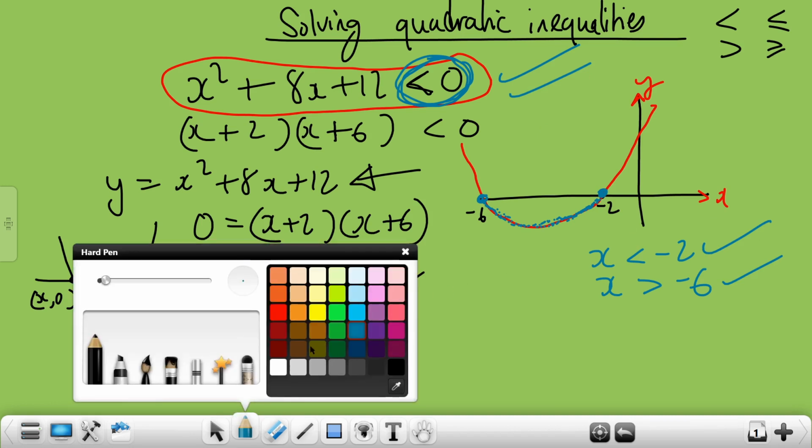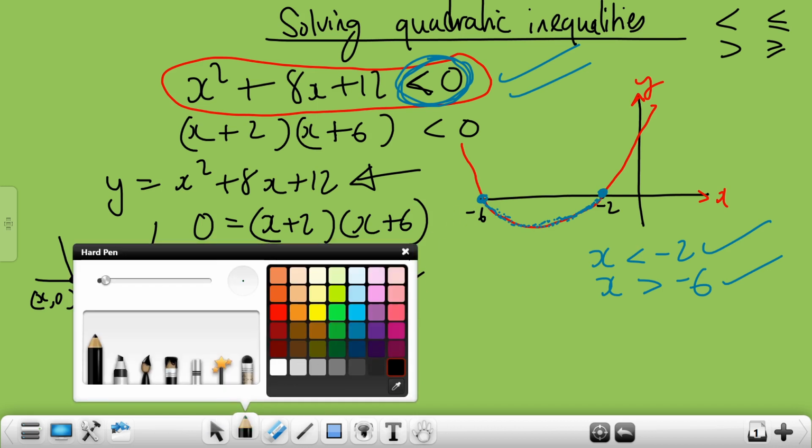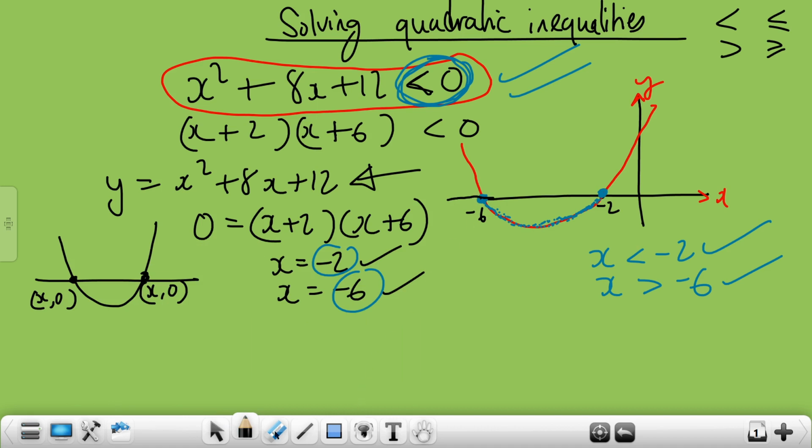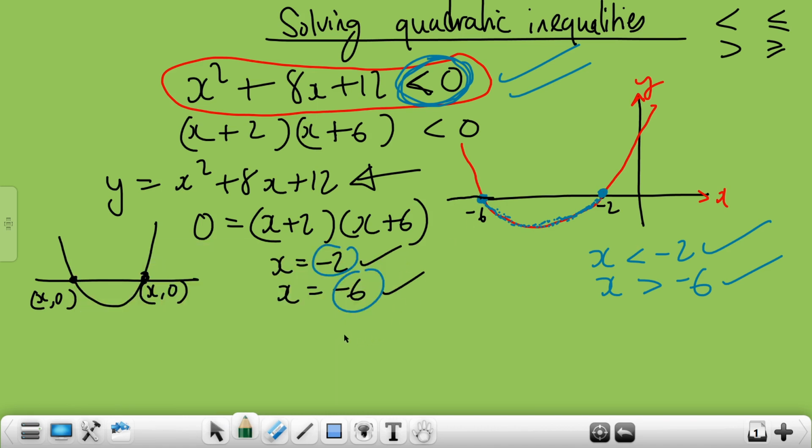Now, what if the question changes slightly? What if the question now becomes this? Let's say I need to solve this now. Remember, the inequality symbol is turned around the other way.